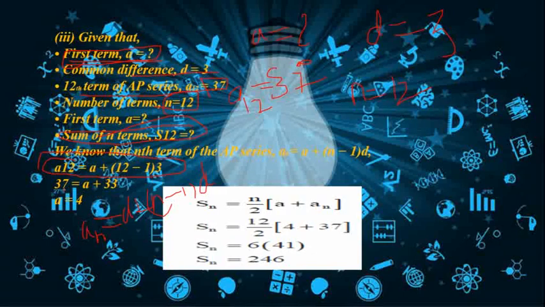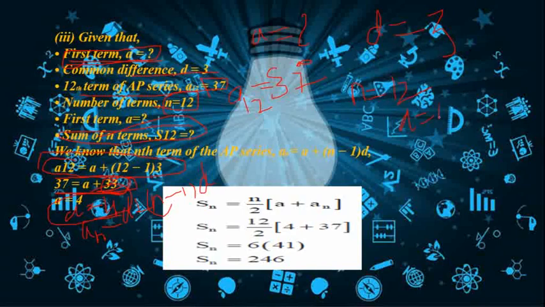We will get 37 will be equal to a plus 12 minus 1 into 3. So that is 37 will be equal to a plus 11 into 3, that is 33. Now transpose 33, so a will be equal to 4. So what is the value of a?